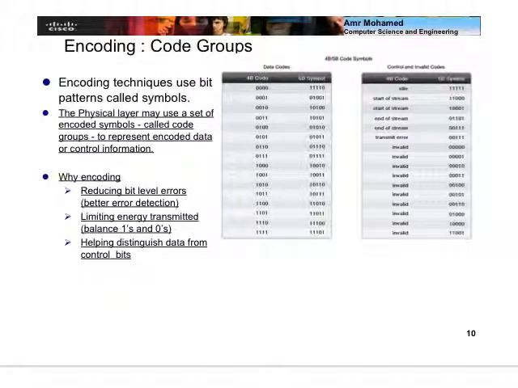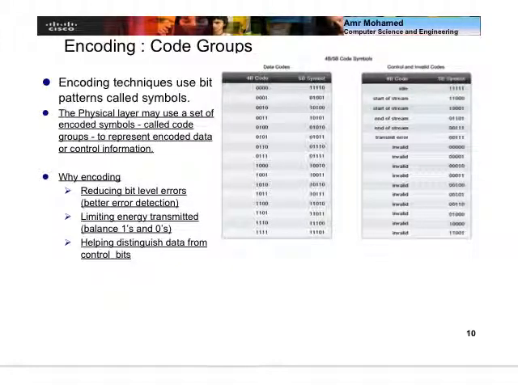You encode, and once you receive on the receiver side, you can get back the original bits. So this is one important benefit we gain when we do encoding: introducing more changes in the bits.